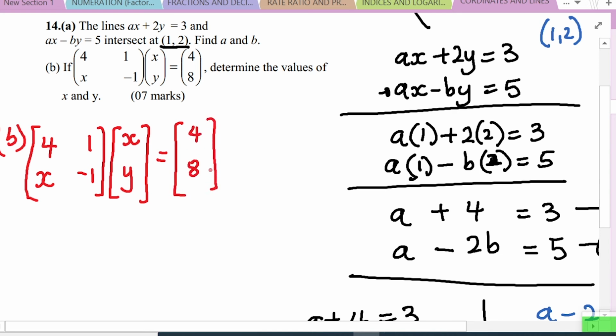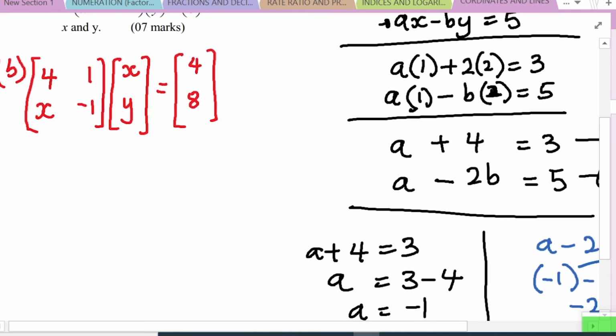To determine the values of x and y, we are simply going to use matrix multiplication, row by column. I'm assuming here that you know how we multiply a row by a column. So that is 4 times x, which is 4x, plus 1 times y, which is y.